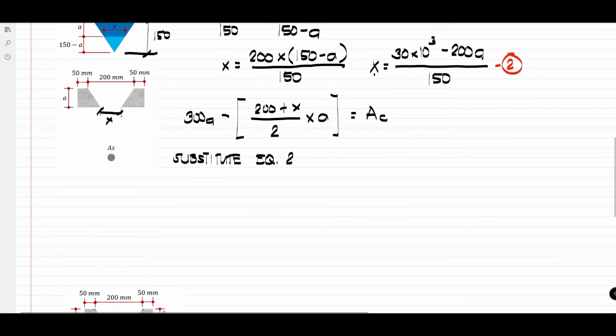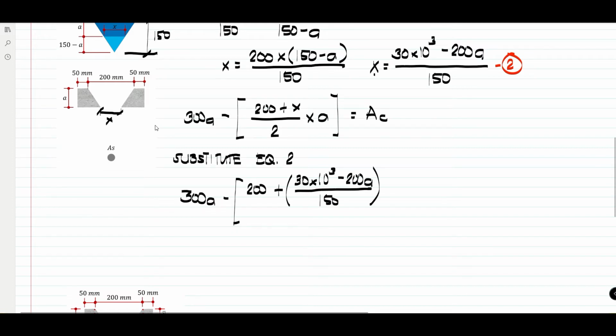So, we can have the value 300A minus, so 200 plus yung x natin is 30 times 10 cube minus 200A over 150, divided by 2, and that will be multiplied by A. So that is equal to our AC.